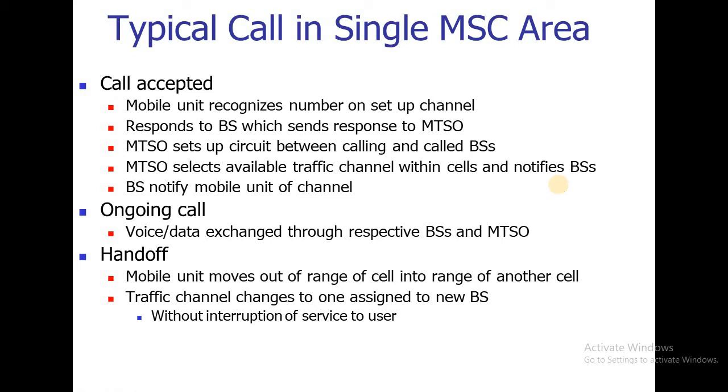Typical call in a single MSC area, and we are going to accept the call. The mobile unit recognizes the number on the setup channel, so you are able to see from where you are going to receive the signals.